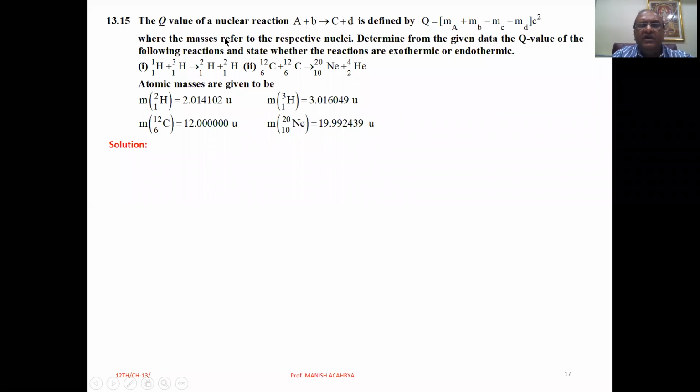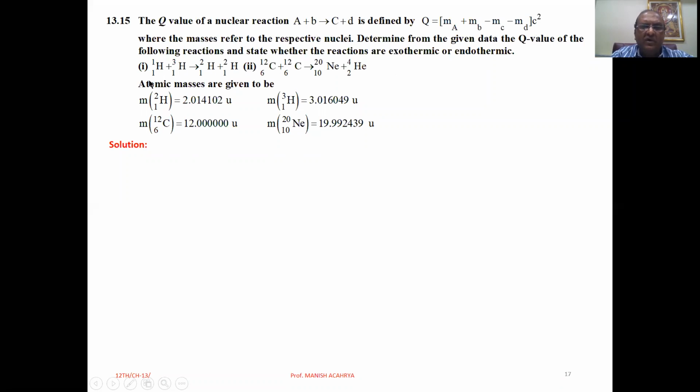13.15. The Q value of the nuclear reaction A plus B to C plus D is defined by Q equal to (Ma plus Mb minus Mc minus Md) into c square, where the masses refer to the respective nuclei. Determine from the given data the Q value of the following reactions and state whether the reactions are exothermic or endothermic.